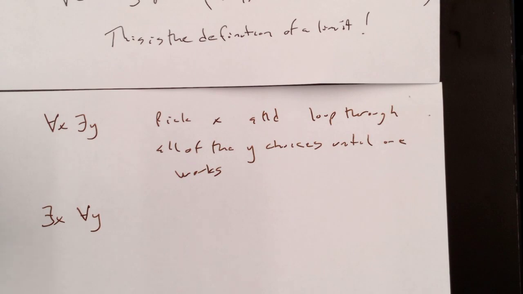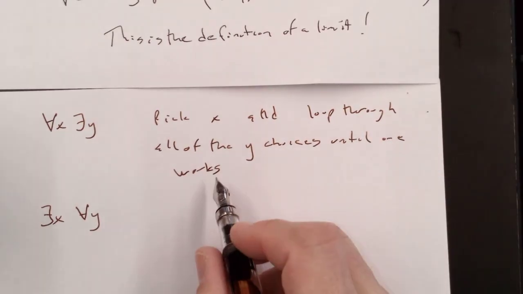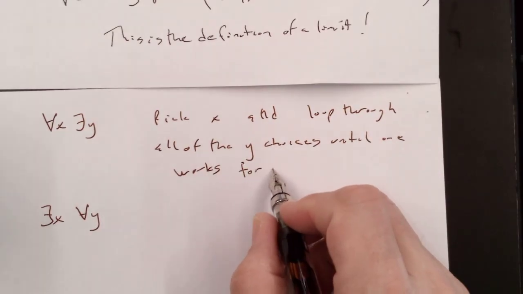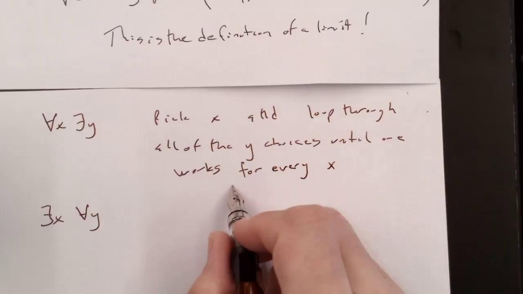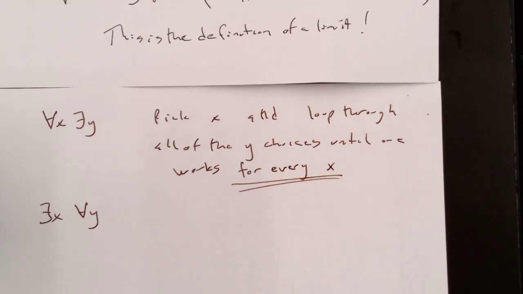Oh, wait a minute. See, I forgot to write something down here. Pick X and loop through all the Y's until one works for every X. So I have to do that over and over and over again, right? If the first X, the second X, the third X, I only need one Y for each one, but I could get a different Y for each one.